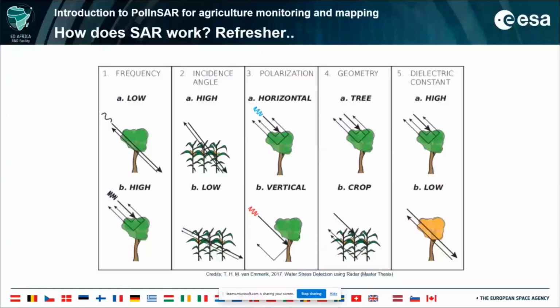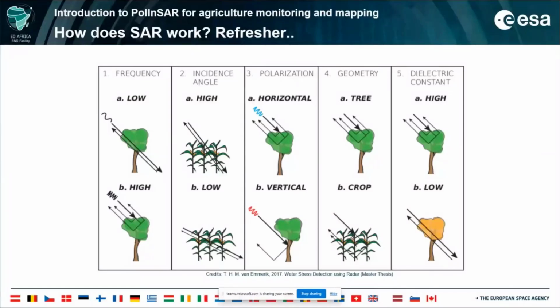So radar backscatter from trees or from agricultural canopies, as you can see in that image, is influenced by the following factors. So first factor is the frequency. Lower frequencies penetrate deeper into the canopy, interacting with larger structures like trunks and branches, while higher frequencies, for example X-band, primarily scatter off leaves and smaller elements.